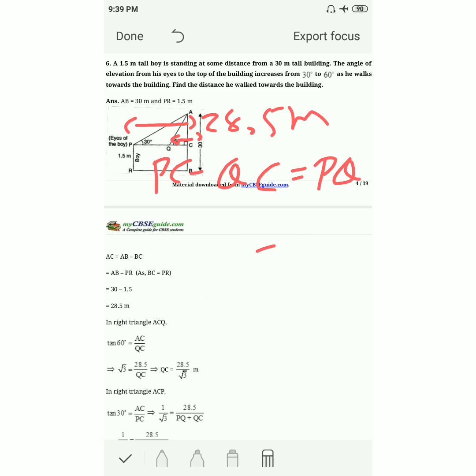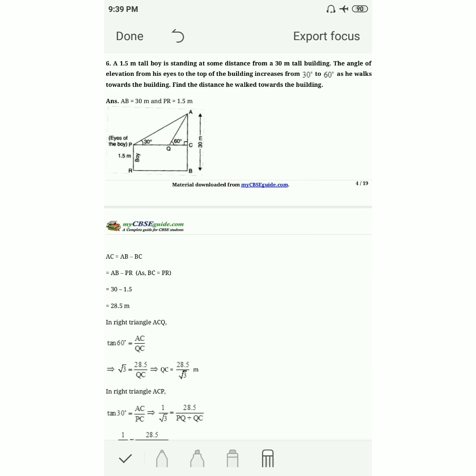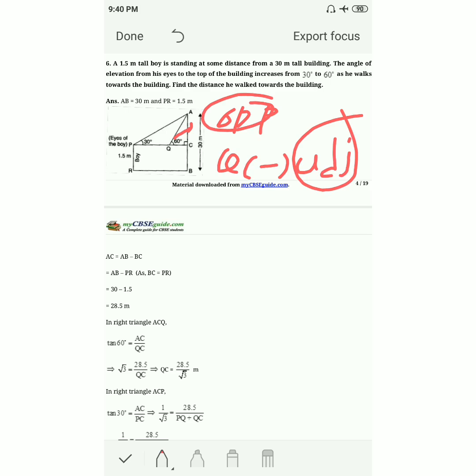First of all, consider triangle ACQ. Here it is written that in right angle triangle ACQ, AC is the opposite side. We are trying to find QC, which is the adjacent side. So which trigonometric ratio gives the ratio between opposite side and adjacent side?